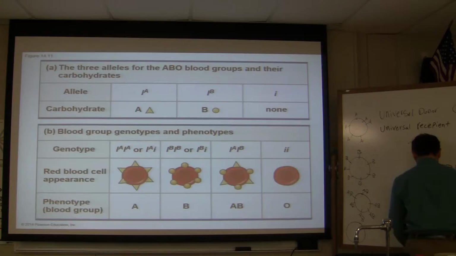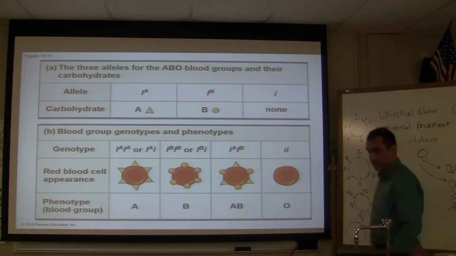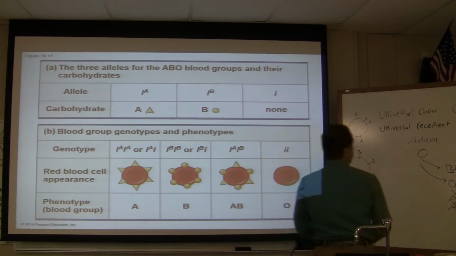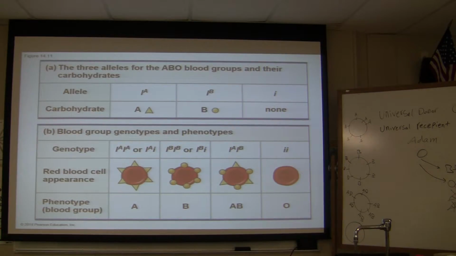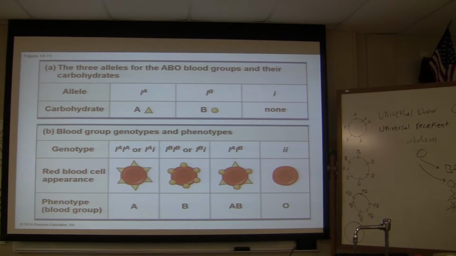Because one of Joan's parents had blood type B, and the other one had blood type O. Oh, I see. So this B came from one parent, and this O came from the other parent. So that's why Joan, I bet my life, is a BO. Because one parent was O.